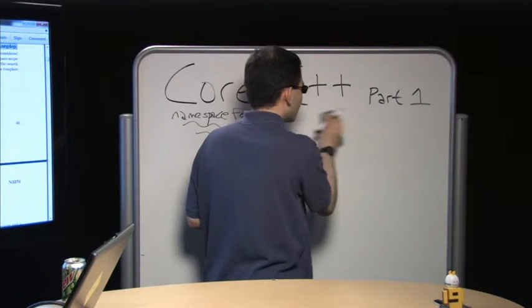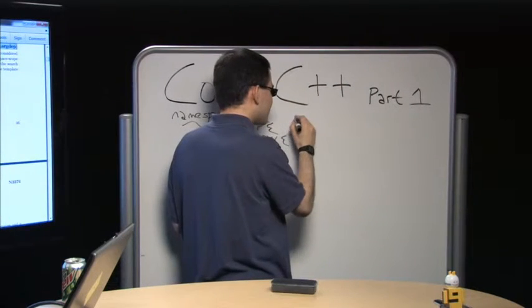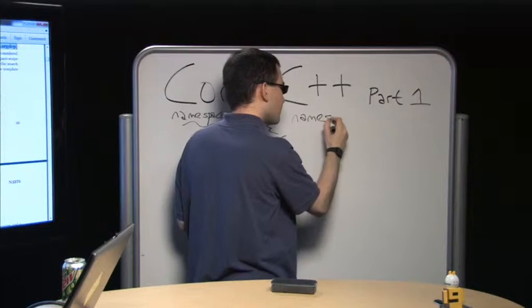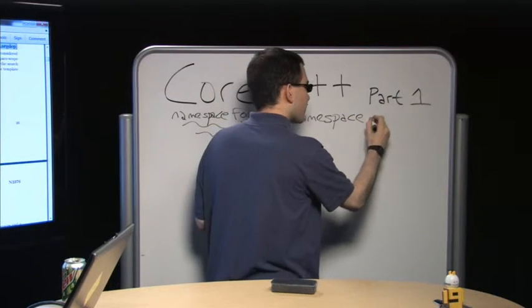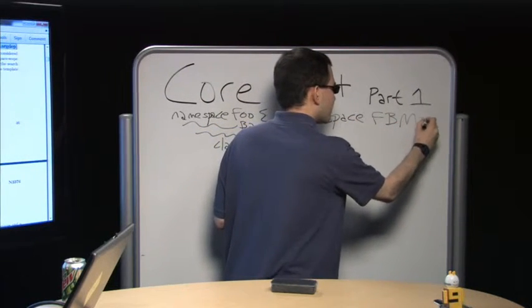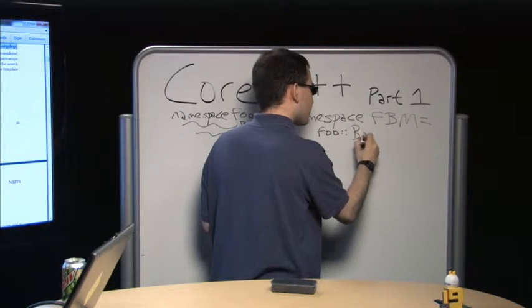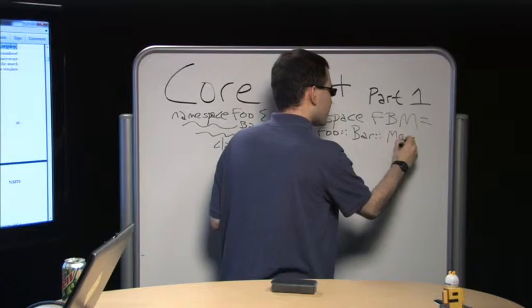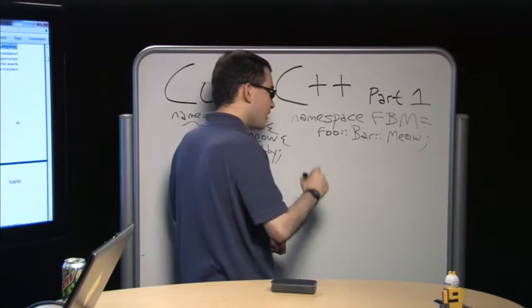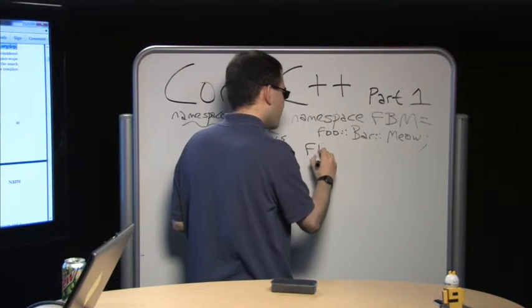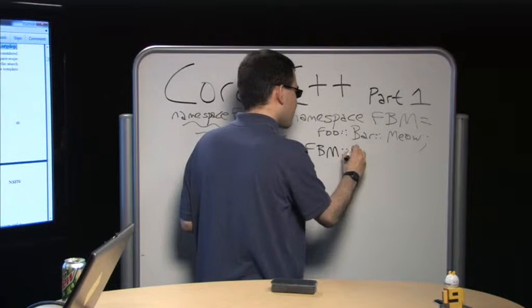Instead, what I can do is say namespace fbm equals foobar, like this. And then later on, I can say, oh, I want an fbm kitty.